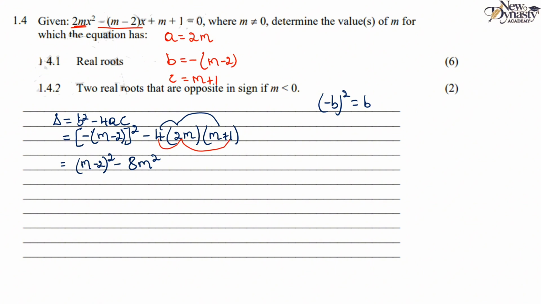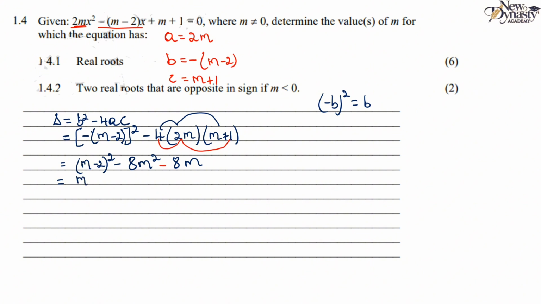So you're going to have negative 4 multiplied by 2m, which is negative 8m, multiplied by 1, and that remains negative 8m. So here you can just FOIL this out. I hope you know how to do that by now.